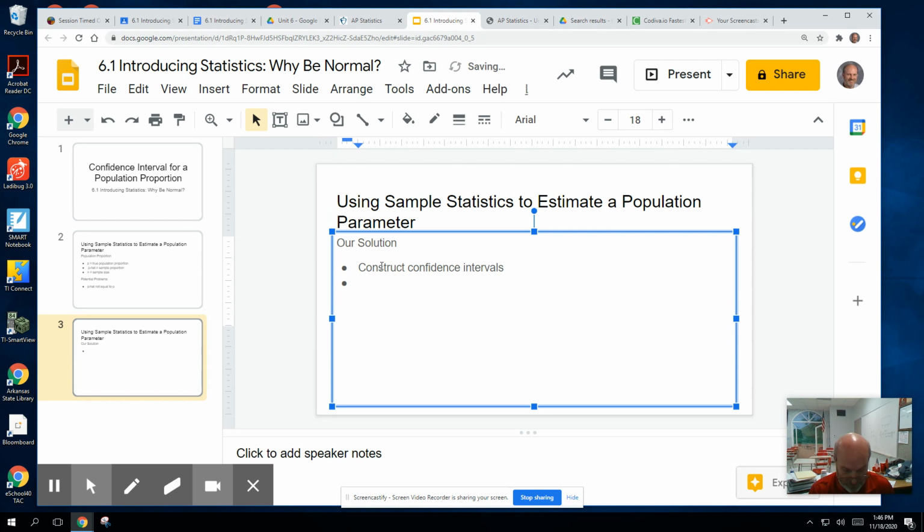We're going to take our p hat when we calculate it, and we're going to add and subtract a margin of error. That generates an interval with a lower bound and an upper bound.